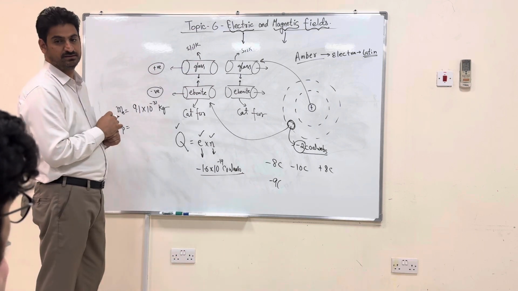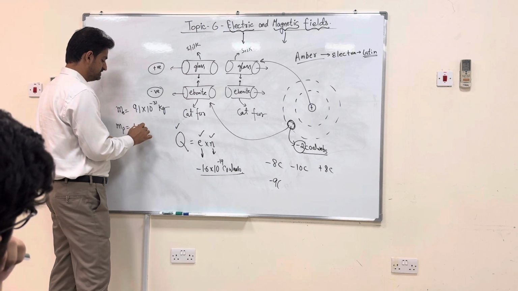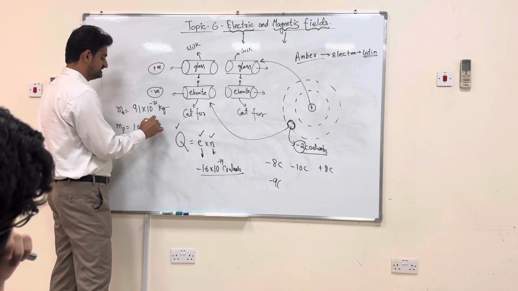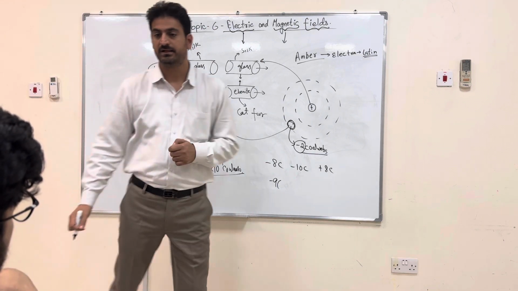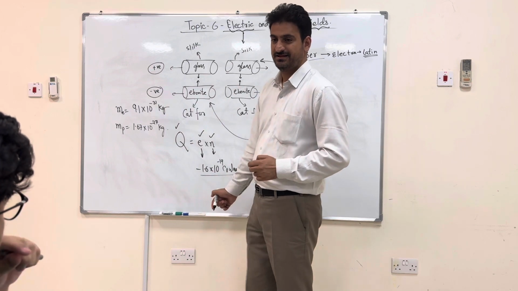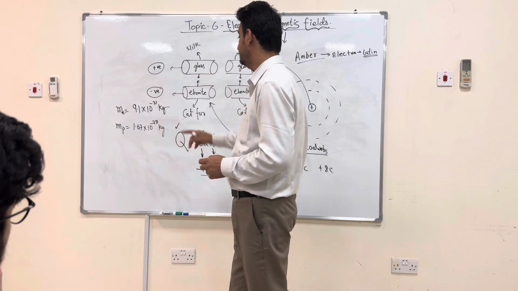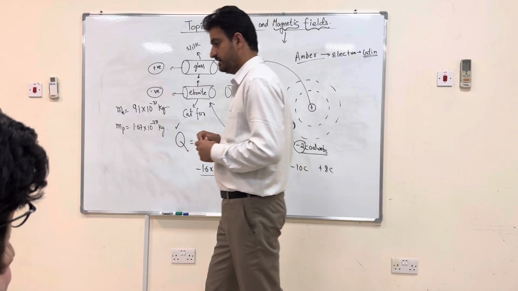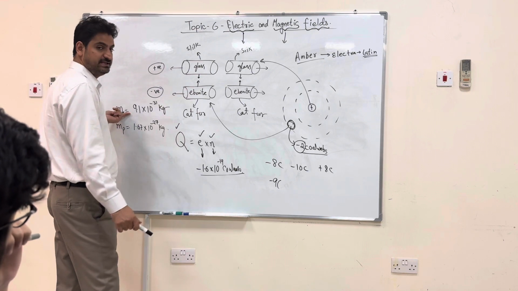No. Okay. 1.67 times 10 to the power minus 27 kg. So which one is bigger, 9.11 or 1.67? We also have to look at the power. Okay. Now the proton is much heavier than the electron.